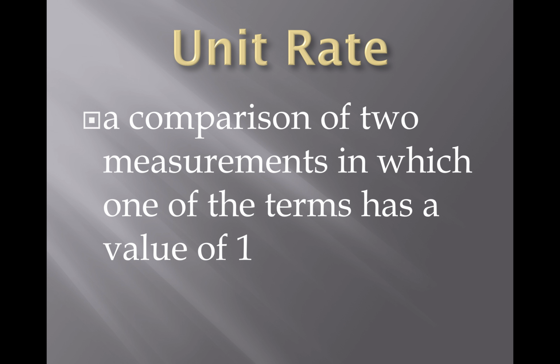Let's remember, a unit rate is a comparison of two measurements in which one of the terms has a value of 1. Usually the denominator has a value of 1, because we want our unit rate. So when they do miles per gallon, the bottom one, gallon, usually has a coefficient of 1.